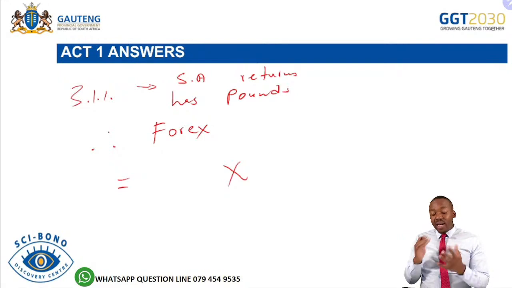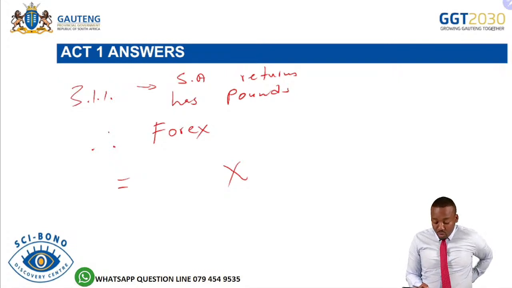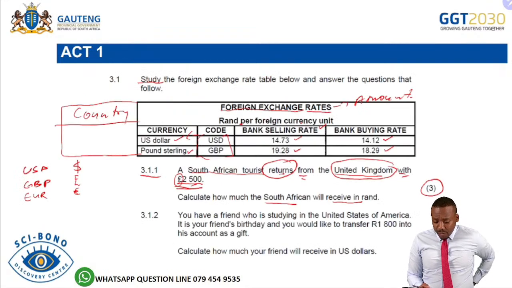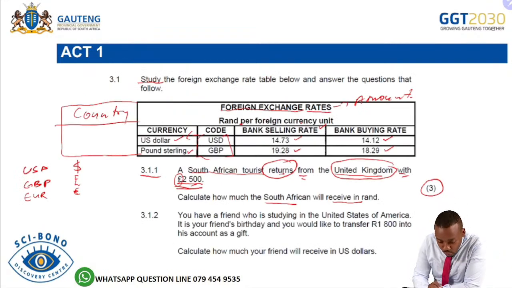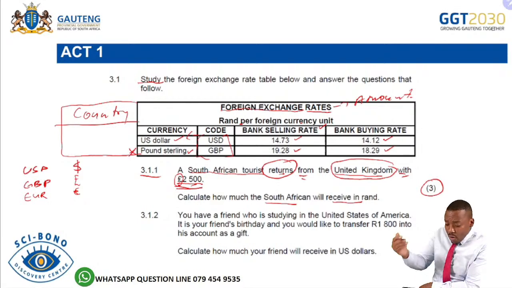Now he wants our local currency. So we multiply by the exchange rate. Now you should be confused. Which exchange rate will this person use? We have identified now we want pounds. So we will be using which one? GBP. Now he goes to the bank.